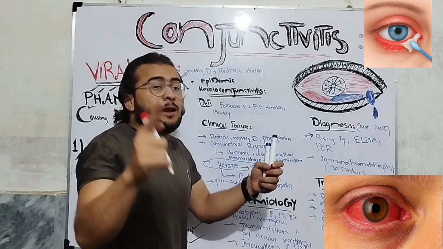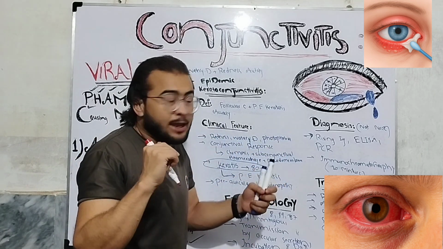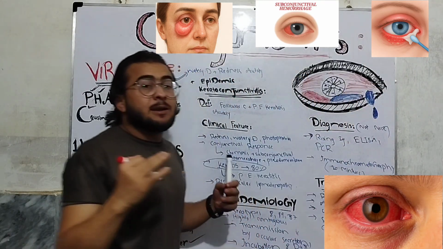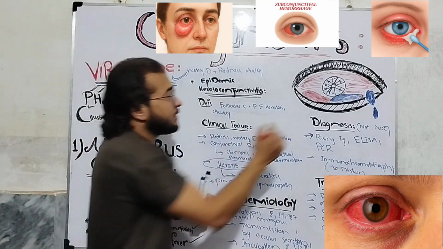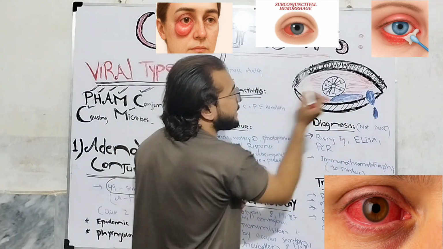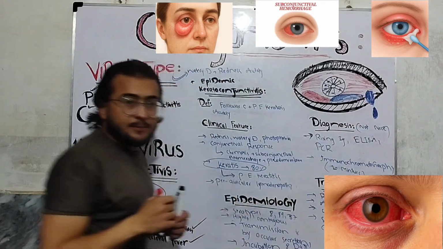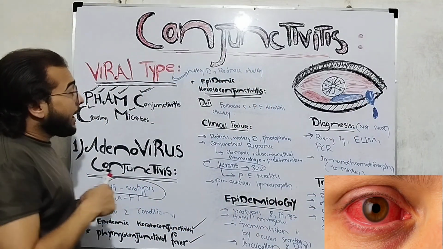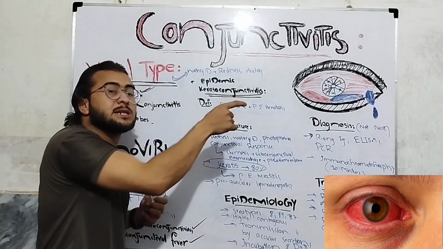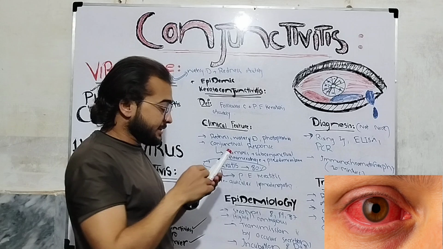The true membrane and membranous type of conjunctivitis we have discussed in the bacterial lecture. So these three conjunctival responses may be present: conjunctival edema, which is chemosis, subconjunctival hemorrhage, and pseudomembrane.